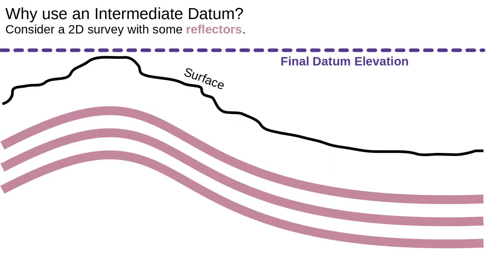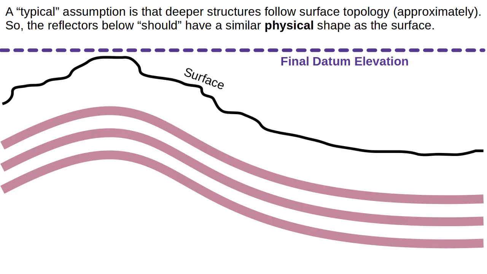Why use an intermediate datum? Consider a 2D survey with some reflectors. A typical assumption is that deeper structures follow surface topology, approximately. So, the reflectors below should have a similar physical shape as the surface.